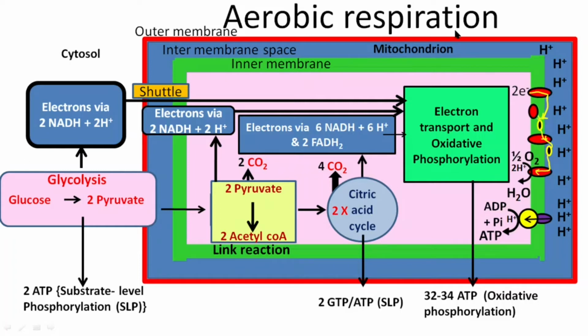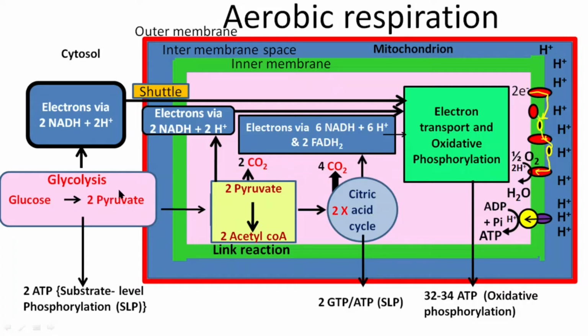In aerobic respiration, the main purpose is to completely oxidize glucose and to provide lots of energy to the cell. If you remember, in the first three steps, that is glycolysis, link reaction and citric acid cycle, complete oxidation of glucose has occurred.